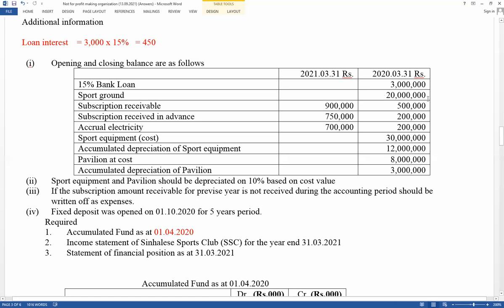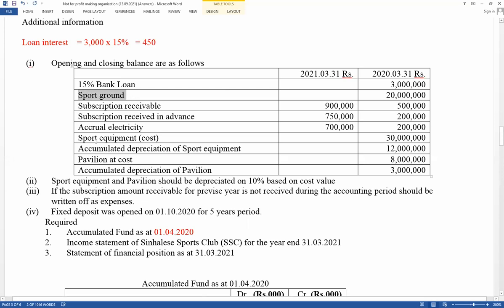If it has not disposal, මේක විකුණලා නැත්තම් මේක තමයි closing balance එක වෙන්නේ. It has not given ground disposal. Ground එක විකුණුවා කියලා කොහෙවත් කියන්නේ නෑ බලන්න. එහෙනම් විකුණලා නැත්තම් closing balance also equal 20,000. Therefore, sport ground under non-current assets. Sport ground should be included under non-current assets.